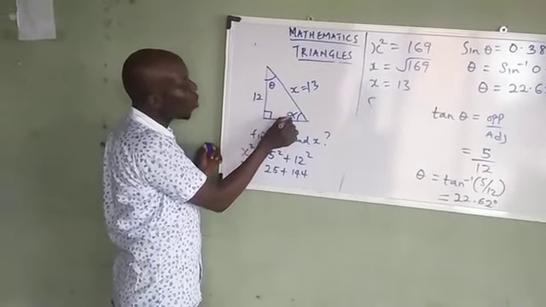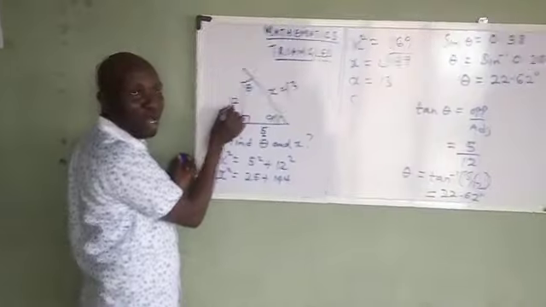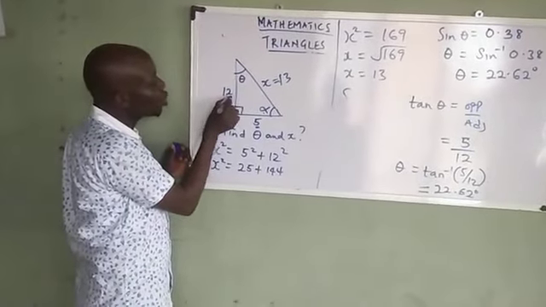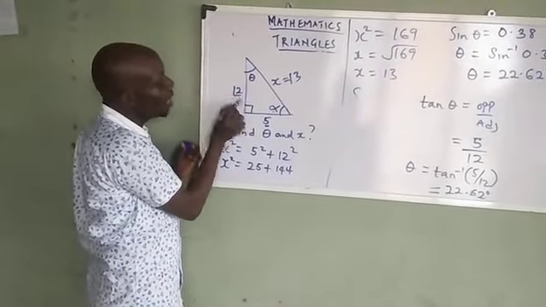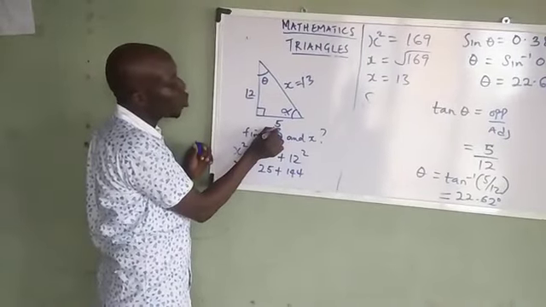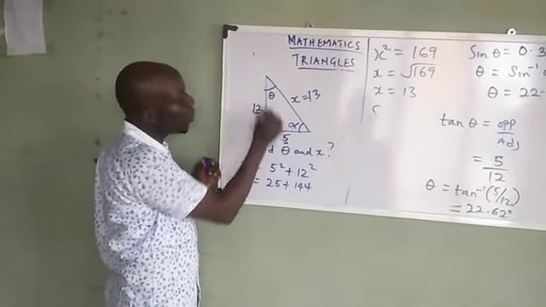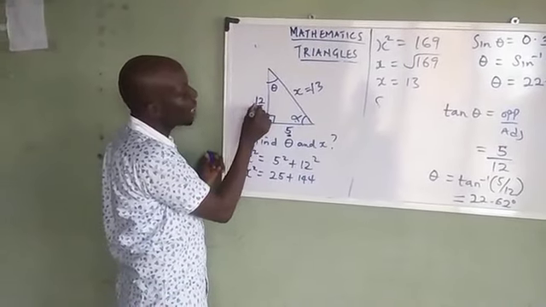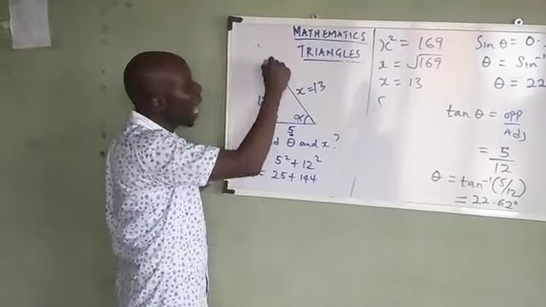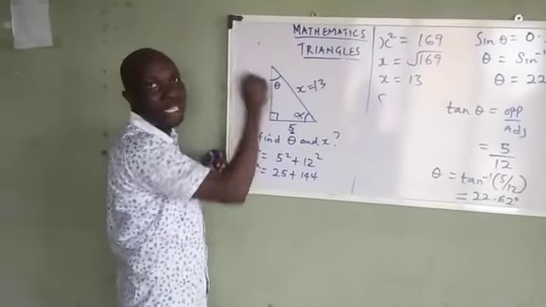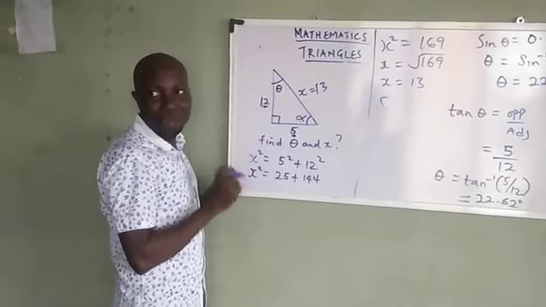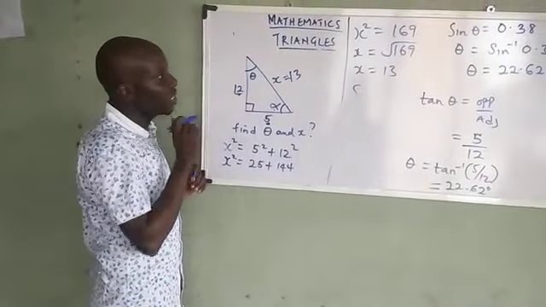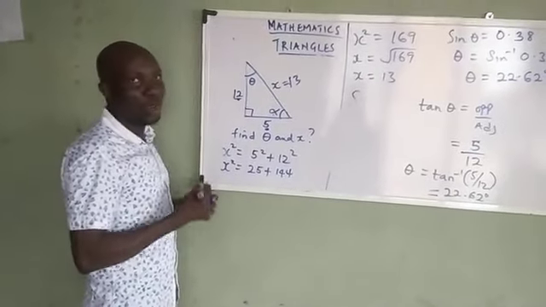The opposite to alpha is 12. So if the opposite to alpha is 12, automatically 5 will be the adjacent to alpha. If the opposite to theta is 5, automatically 12 will be the adjacent to theta. But the hypotenuse still remains the same. I hope that information is clear. So that is the secret in solving right angle triangles.